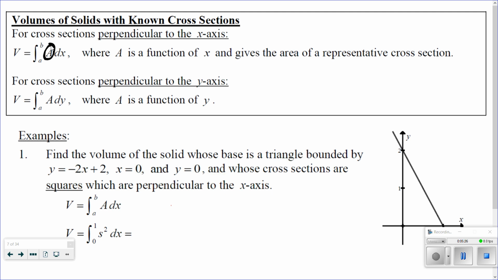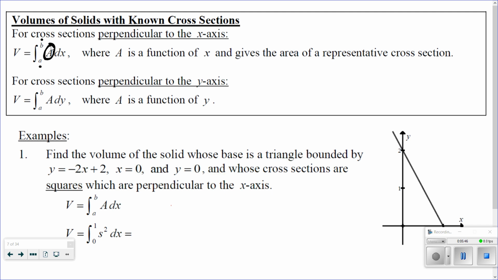And the area of the cross section has to be in terms of x. So I come up with an expression that represents the area of the cross section in terms of x. That's what I'm going to plug in right there. And when you integrate it, you're integrating it with a dx. Also, your limits also have to be in terms of x, so going from left to right.